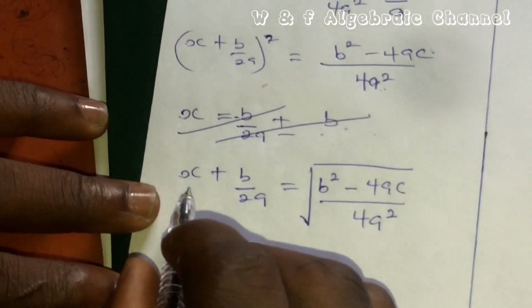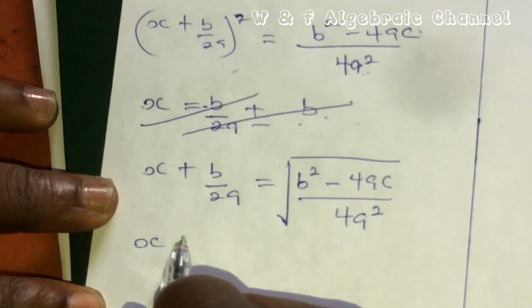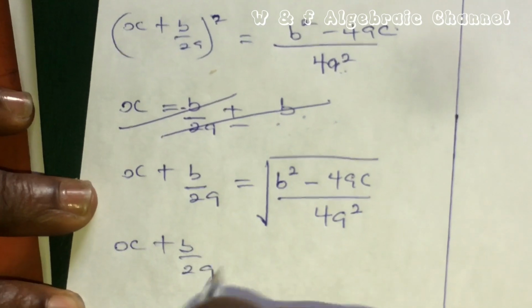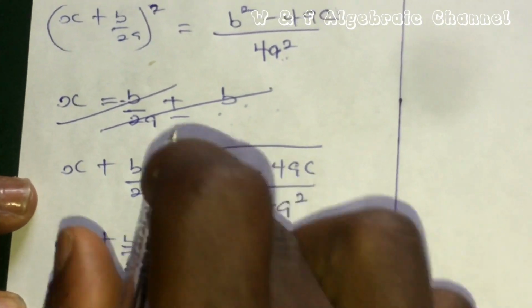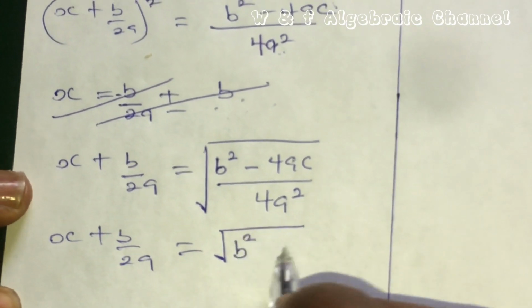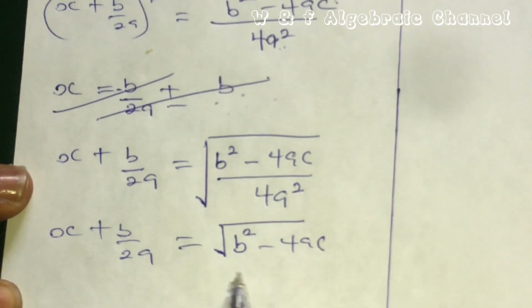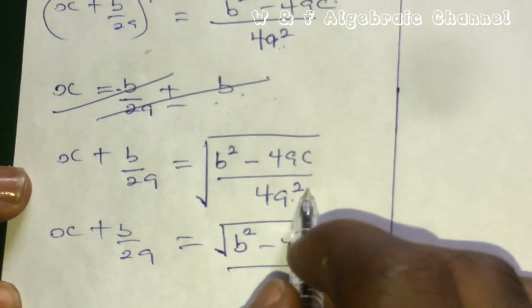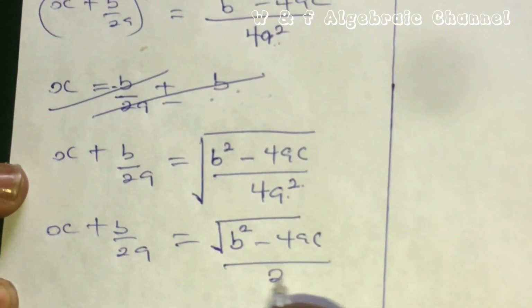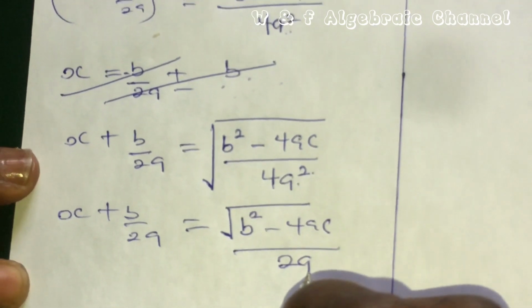Now we'll be left with x plus b all over 2a equals, since we can't find the square root of the top, we are going to leave it like that, root of b squared minus 4ac all over, the square root of 4 is 2, the square root of a squared will give us a, so we'll be left with 2a.